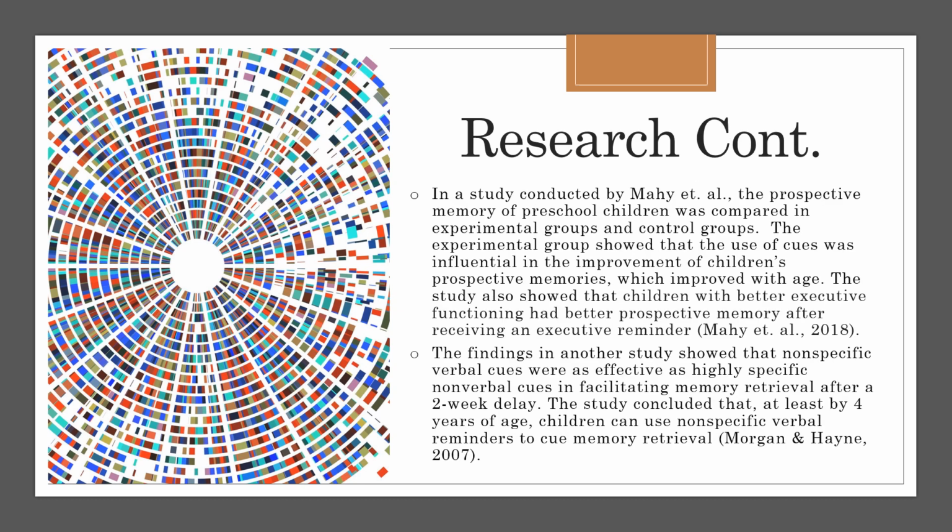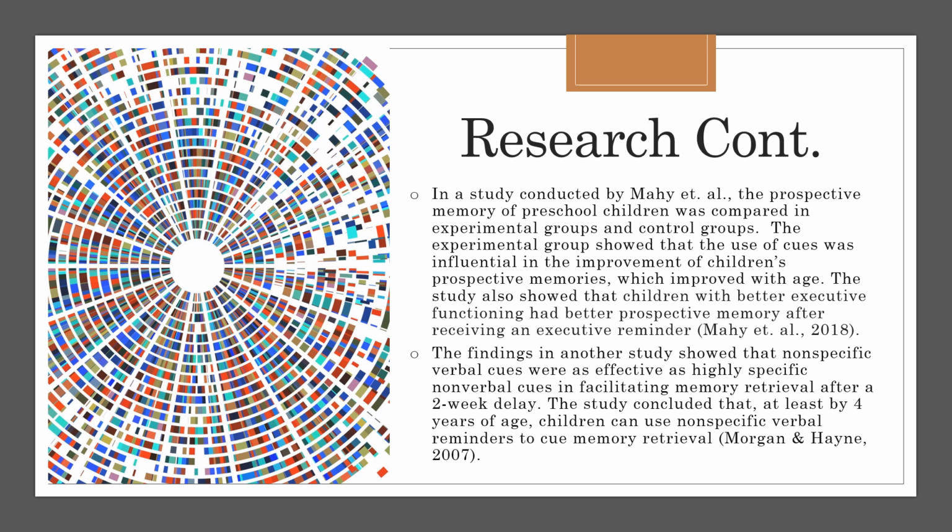In another study, the prospective memory of preschool children was compared in experimental groups and control groups. The experimental group showed that the use of cues was influential in the improvement of children's prospective memories, which improve with age. The study also showed that children with better executive functioning had better prospective memory after receiving an executive reminder.